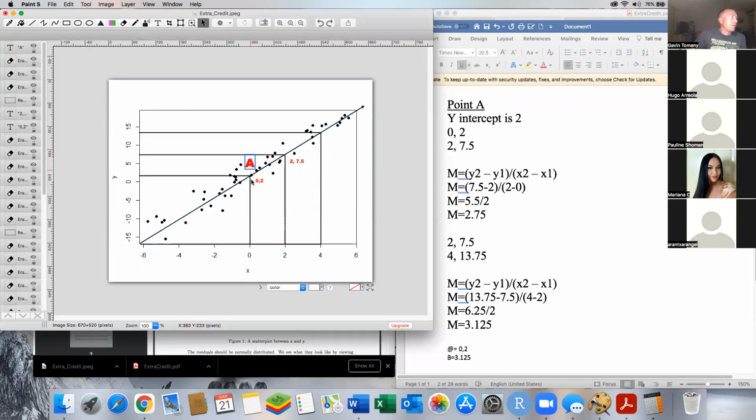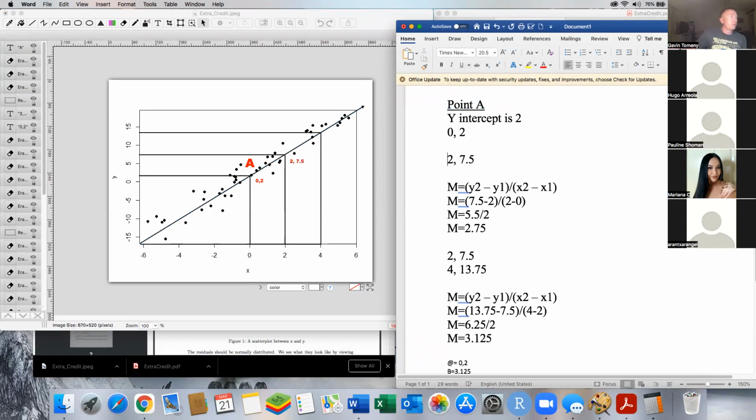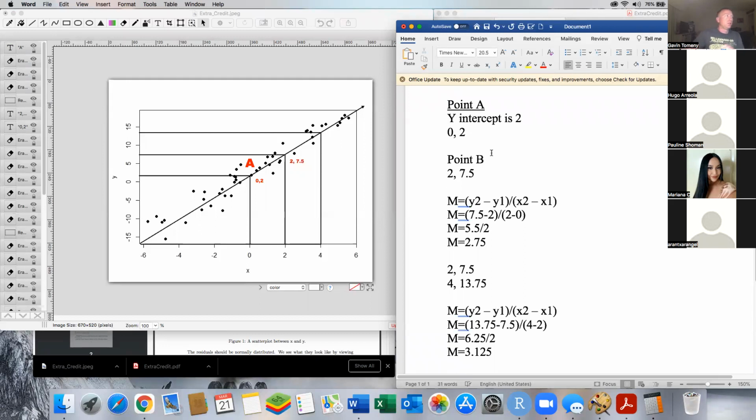Something like that, so it knows that's A. Here's point A. It's the y-intercept of 2. It's 0, 2, and then put an enter and point B, and do the same thing where B's right there. Whatever way makes it look neat and readable so he knows what areas you're talking about.